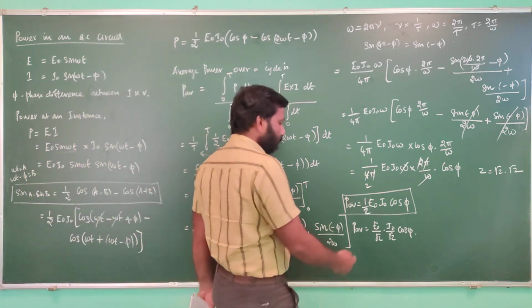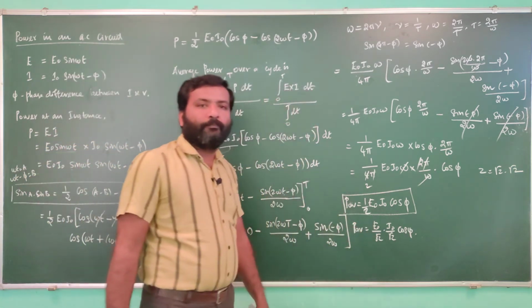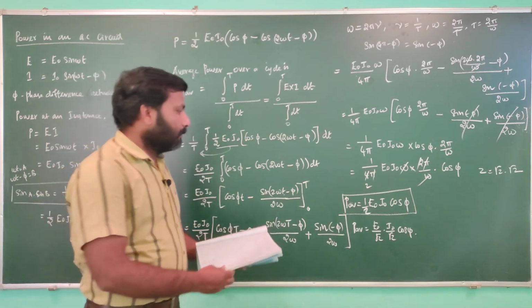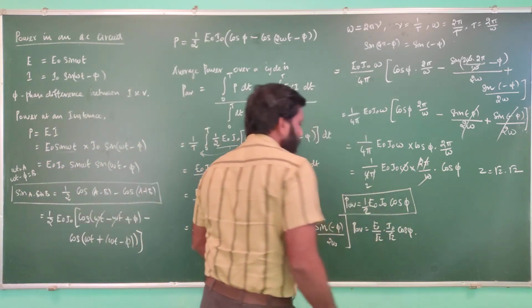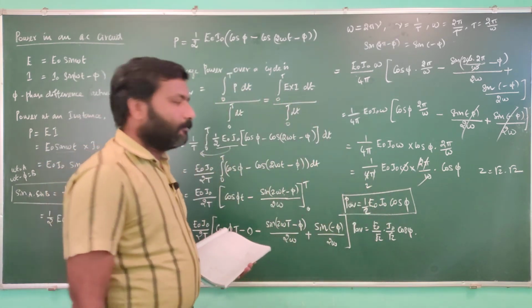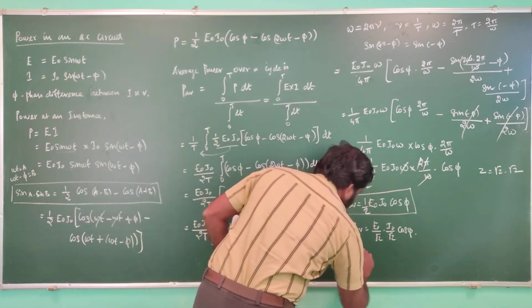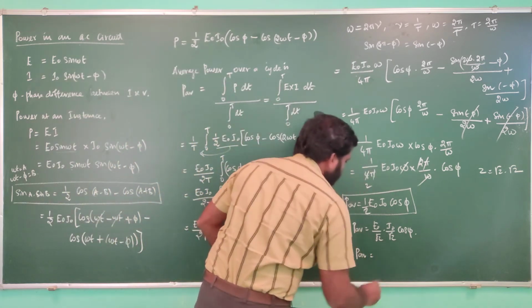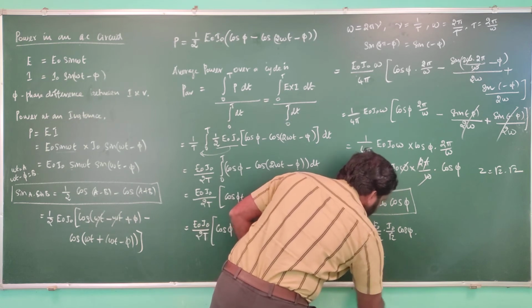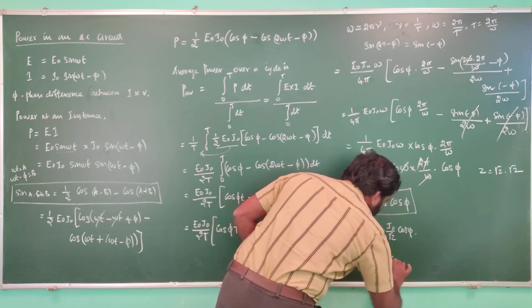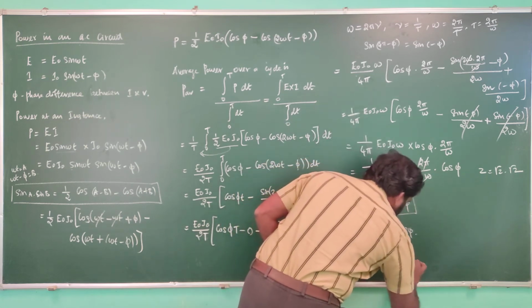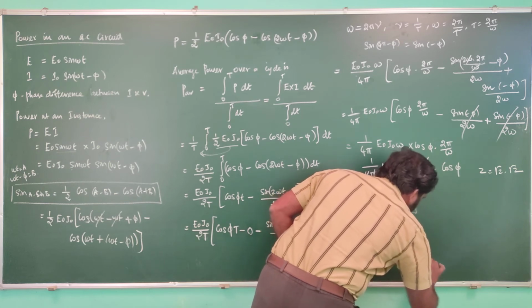And E naught by root 2 is nothing but the root mean square value of the voltage. So we can write P average equal to E RMS, similarly I RMS, into cos pi.